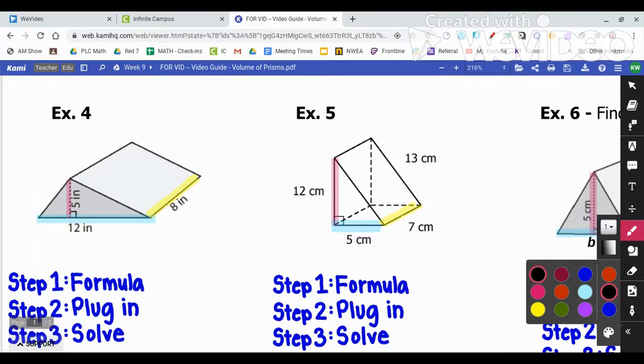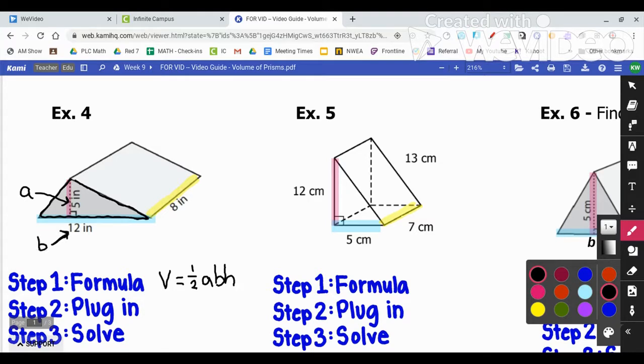For my first example, I'm going to start by writing down my formula. And then to look at the dimensions, I usually trace the triangular base. That helps me see the height of the triangle is 5. That's my A. The base of the triangle is 12.